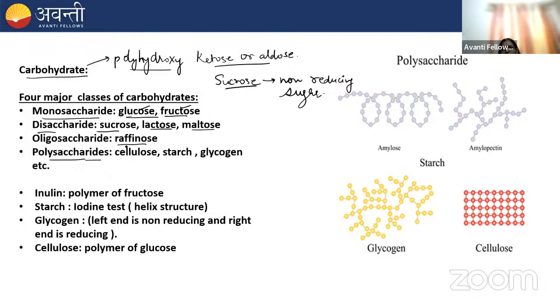Polysaccharides are formed when many monosaccharide units join together and form a very long chain. Examples are cellulose, starch, and glycogen. Starch consists of two units: one is amylose and the second is amylopectin. Amylose is unbranched. Remember this.